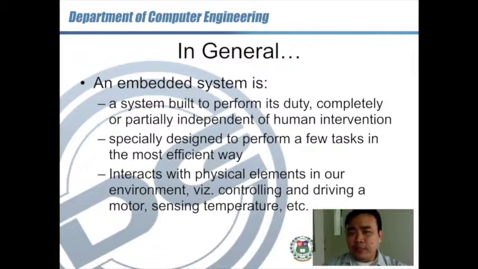Because embedded systems are also used to interpret signals from the environment, such as temperature and pressure.